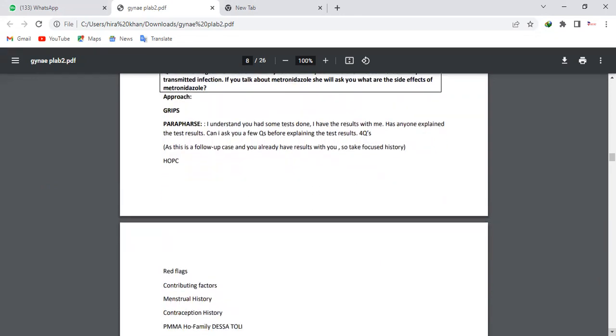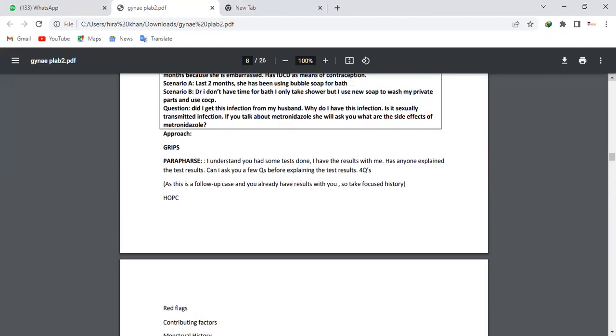It might be caused after taking antibiotics, or sometimes it happens with poor hygiene. This is a treatable infection, so I will advise an antibiotic which you have to use vaginally. Is it okay? Yes.